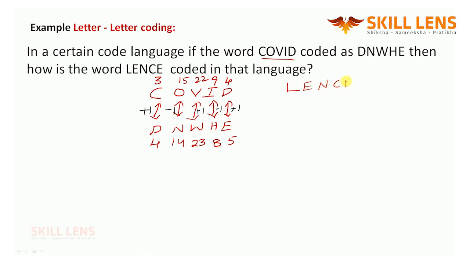Okay, LENS is coded as what? Guys, L place value is 14. So plus 1 is the logic. So 14 plus 1, 15. 15th letter is O. E place position is 5. So plus 1, minus 1. So 5 minus 1 is 4. 4th letter is D. N place value is 14.